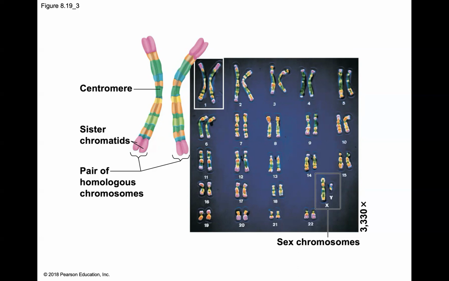So in cases of genetic disorders, more is not always better, all right? We do have situations where we may have too many chromosomes, or we may have too few chromosomes where things have gone wrong during meiosis. And those can manifest themselves in different ways. But Down syndrome is a genetic disorder that's characterized by too many chromosomes.